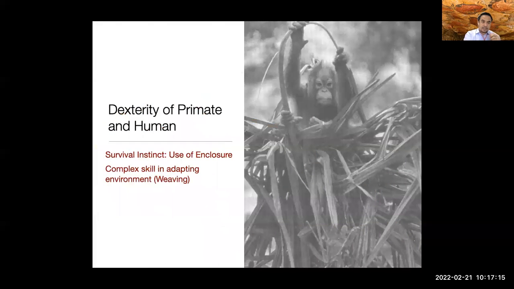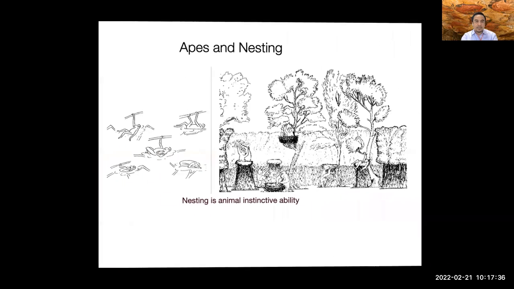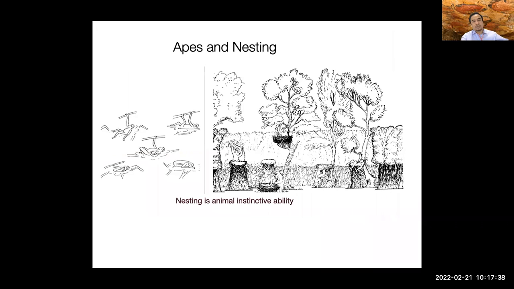Anthropologists study apes, right? The dexterity of the primate and the human is similar, right? The survival instinct drives them to use enclosure to build shelter rather than seeking. This chimp, they're traveling in the forest to gather fruits from the tree leaf, right?